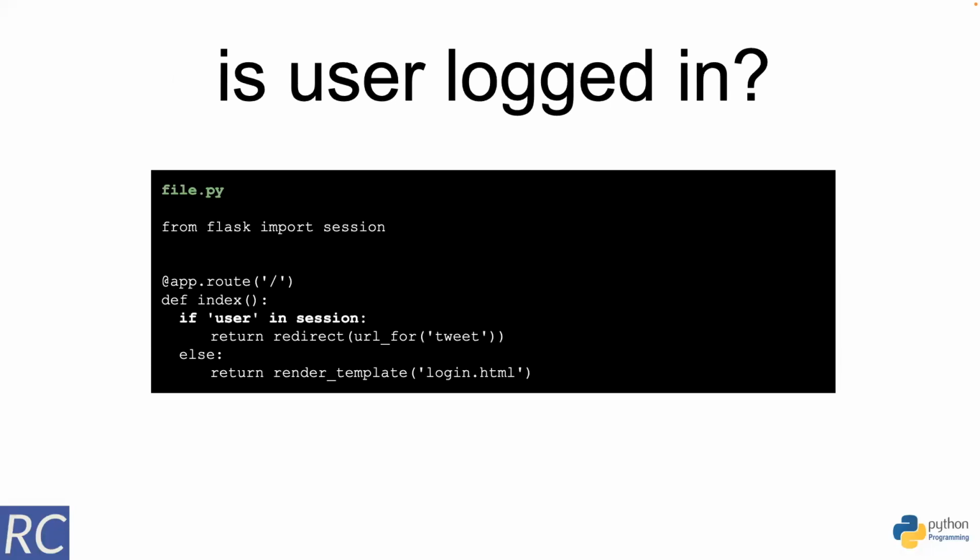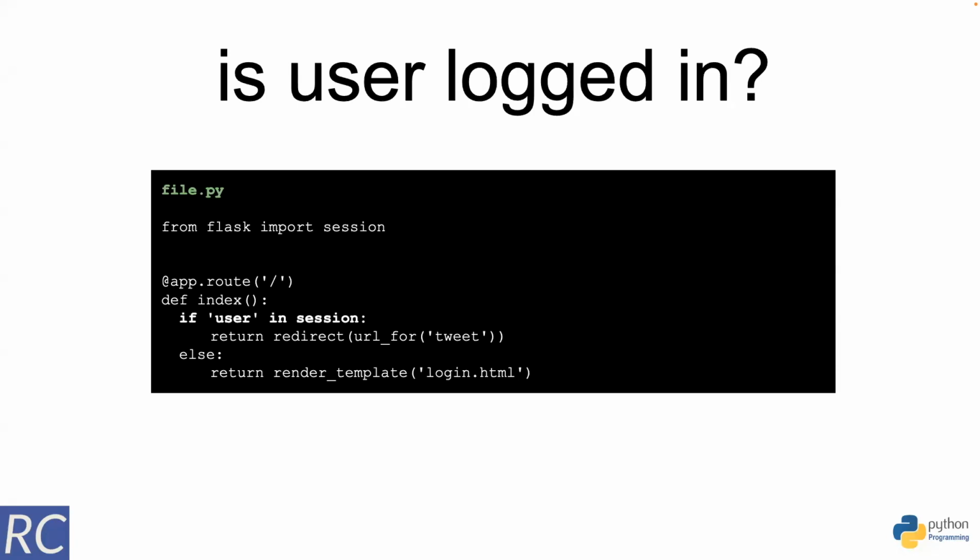How do we check if the user is logged in? When the user is logged in, we are setting the user key. When the user is logged out, we are deleting the user key. In order to check if the user is logged in or not, all we have to do is check if the user key exists in the session variable. End of the day, it's a dictionary.